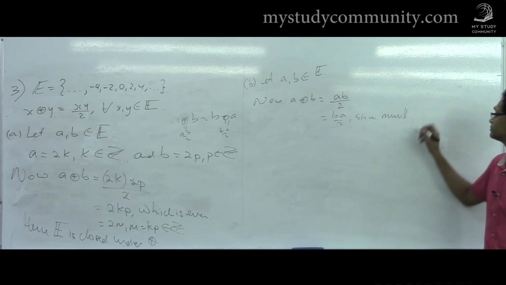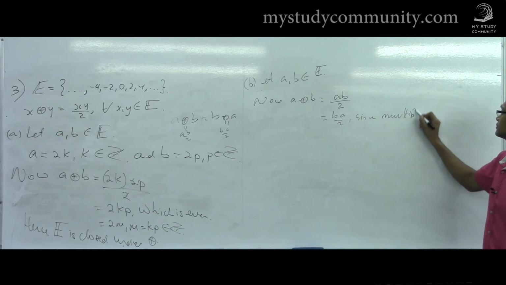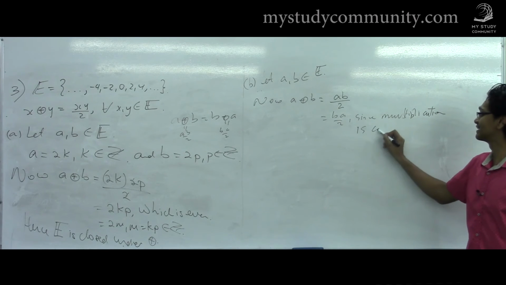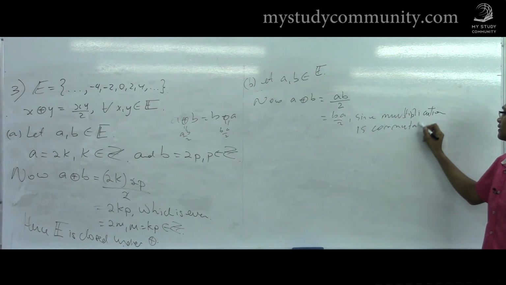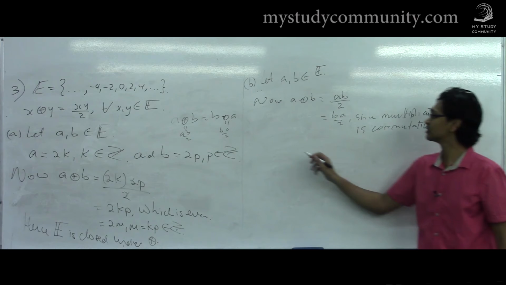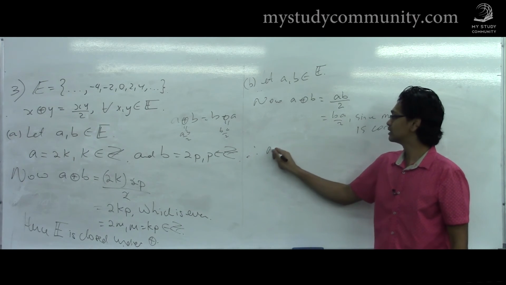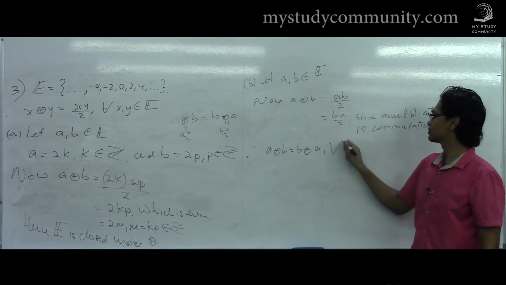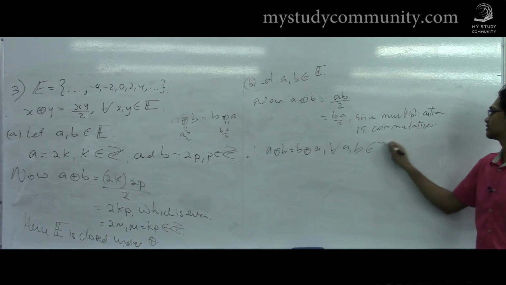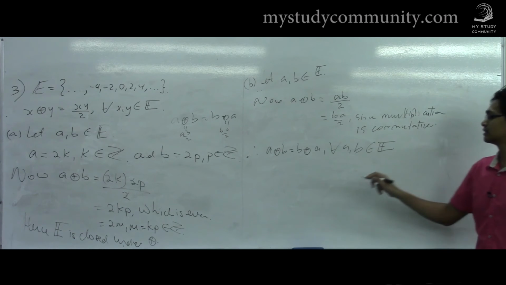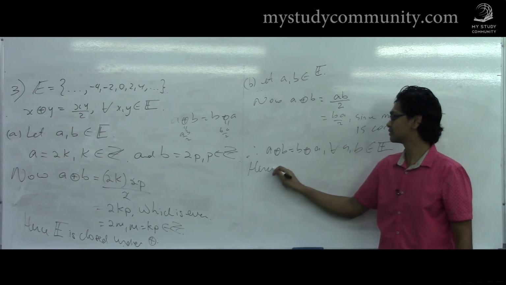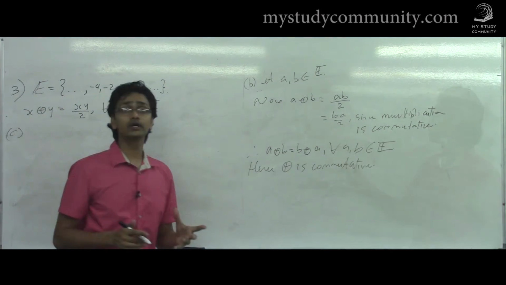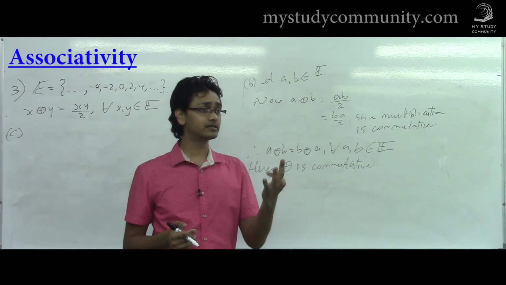Yes? Therefore, A circle plus B equals to B circle plus A for all A and B in E. Hence, circle plus is commutative.